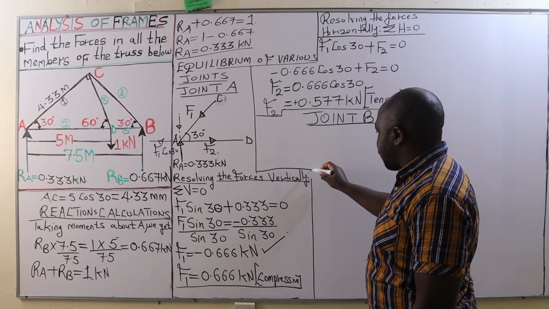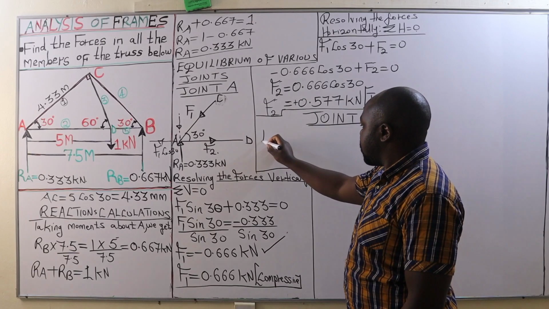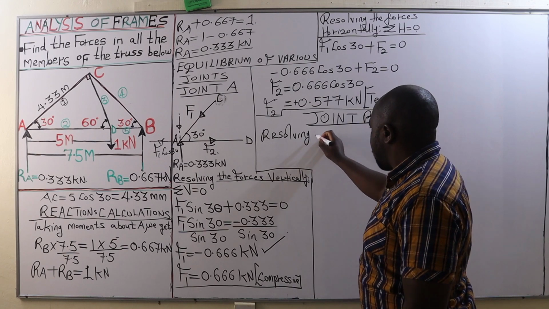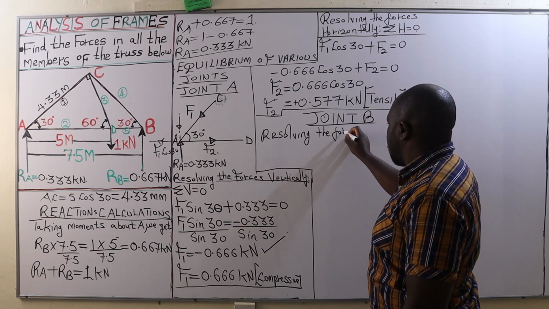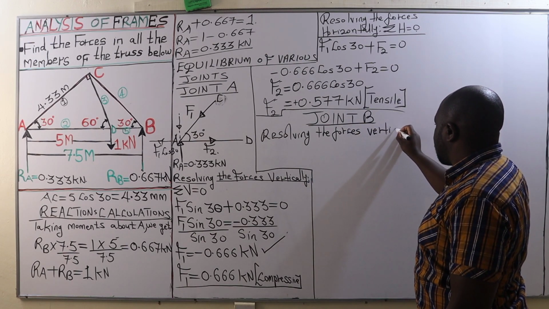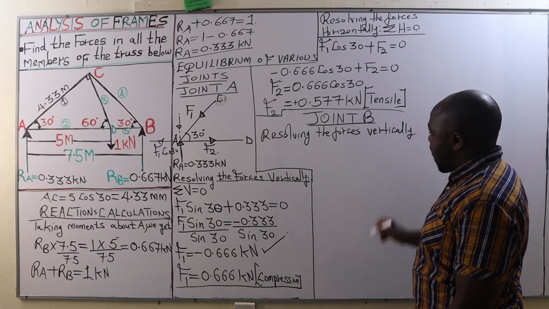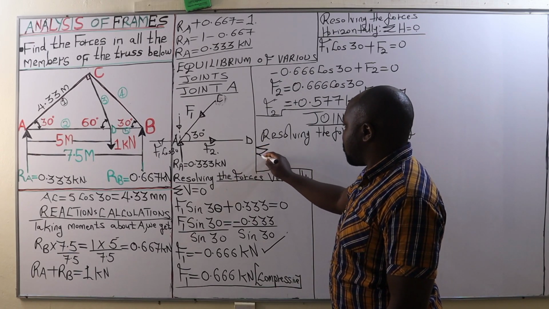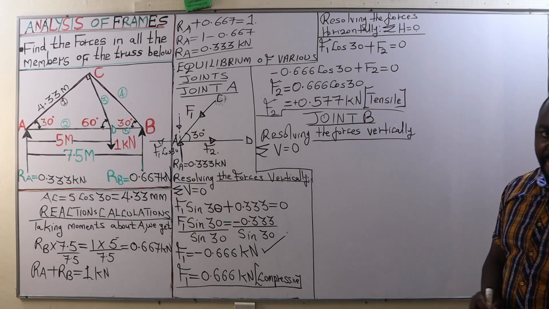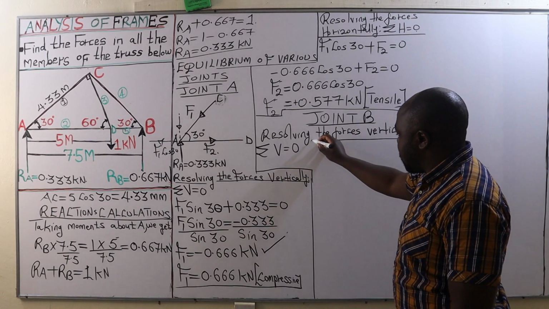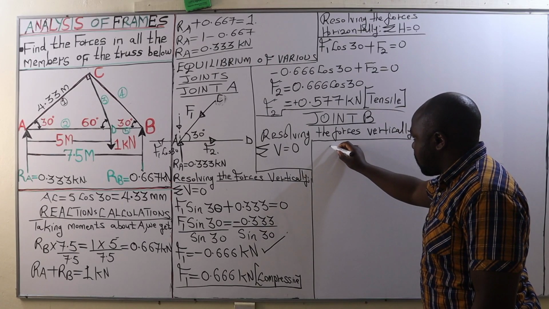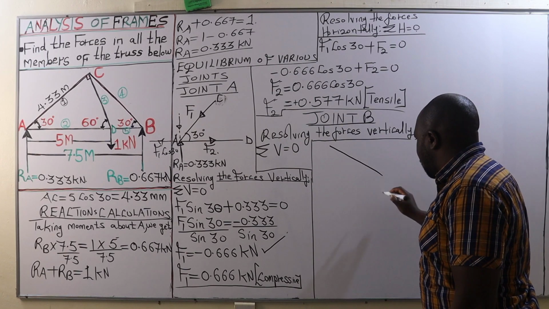In the same way, we begin with resolving the forces vertically and applying the principle, summation of all the vertical forces equal to 0. Now we are at joint B. We can draw it here, joint B.